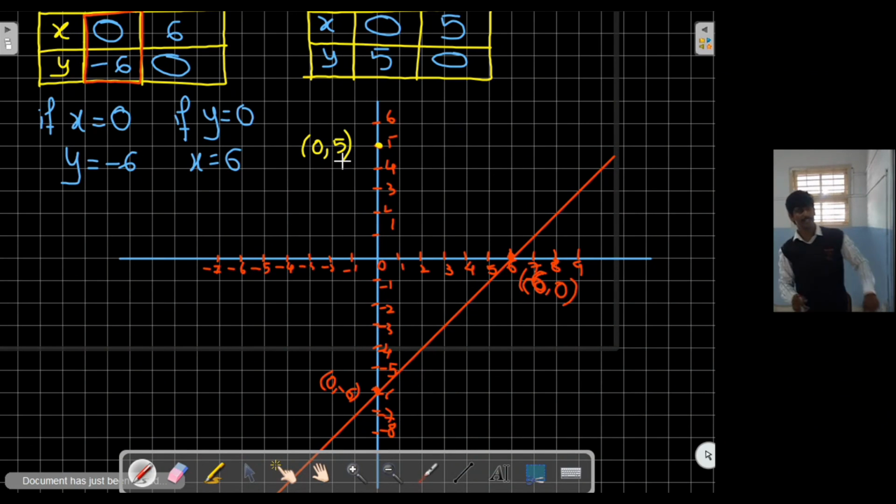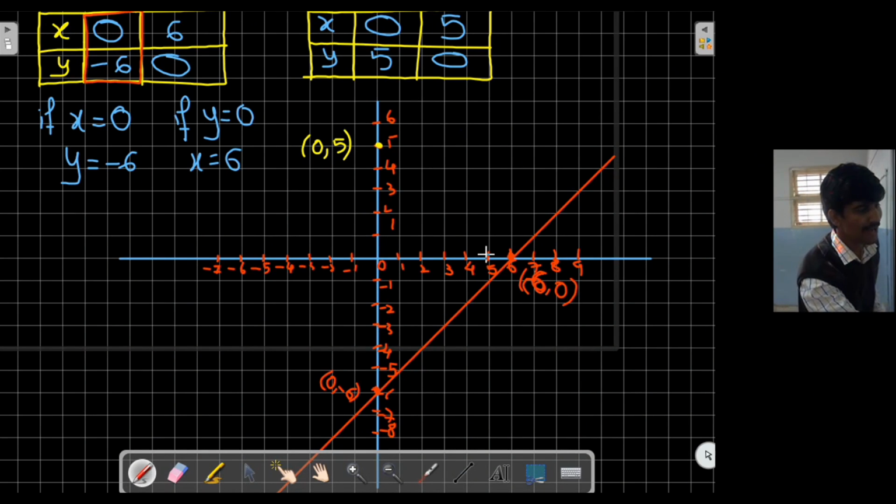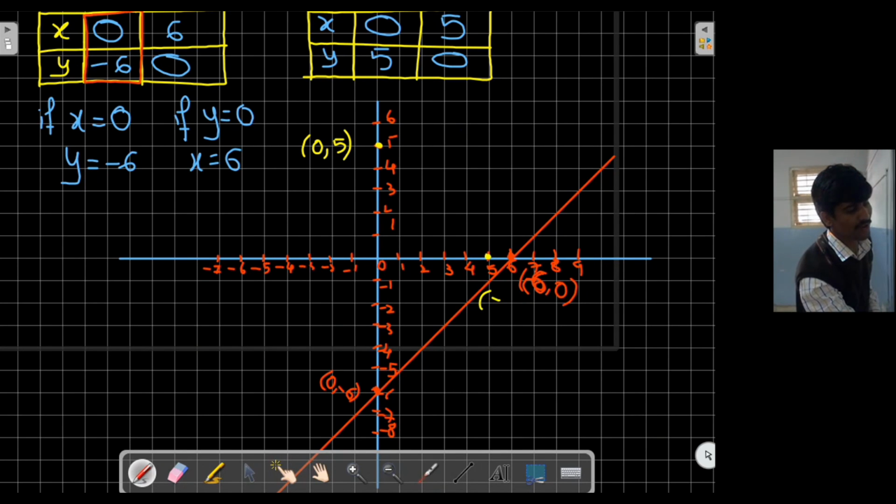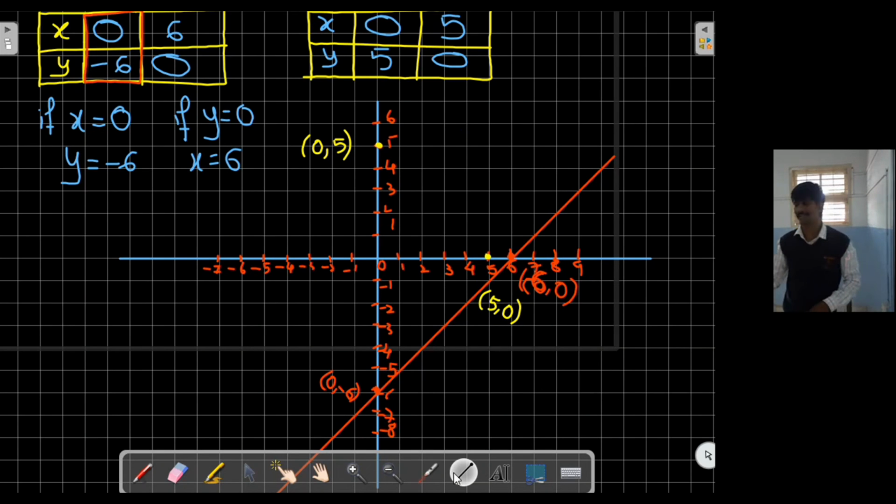Next, 5 comma 0 here. So this is 5 comma 0. Yes, very good. Let us draw the straight line.